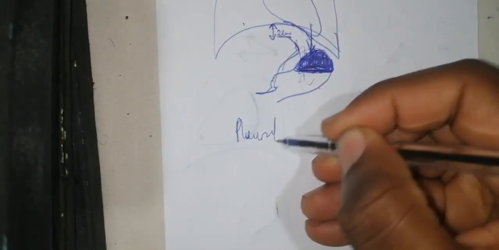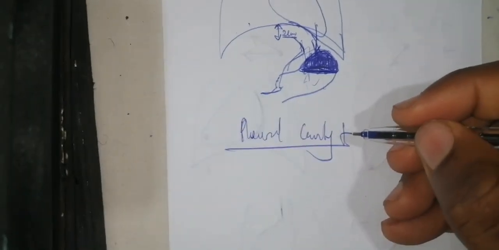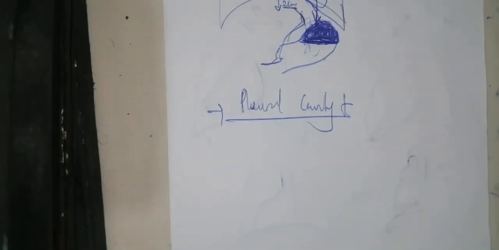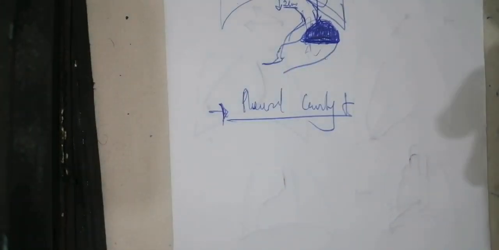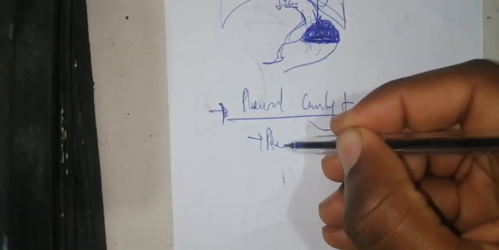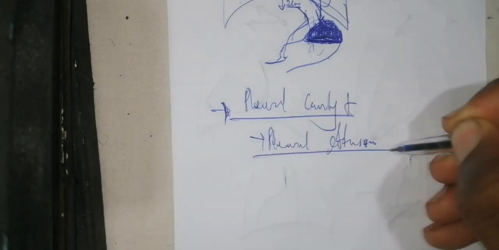Now the next thing we have to know is the pleural cavity pathologies. The first point is pleural effusion. You have a syndrome for pleural effusion on the X-ray.